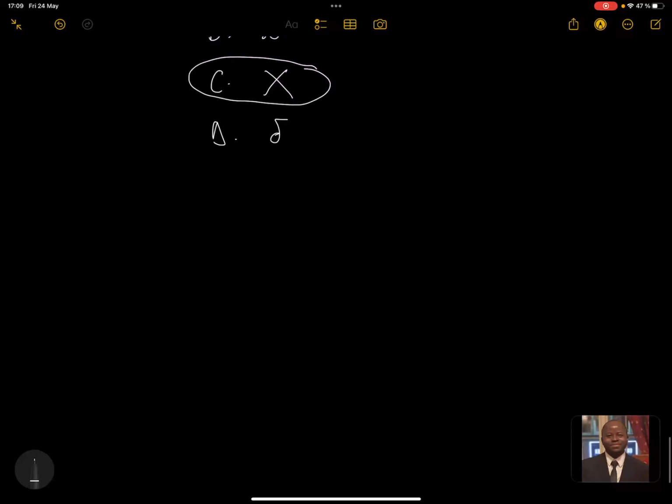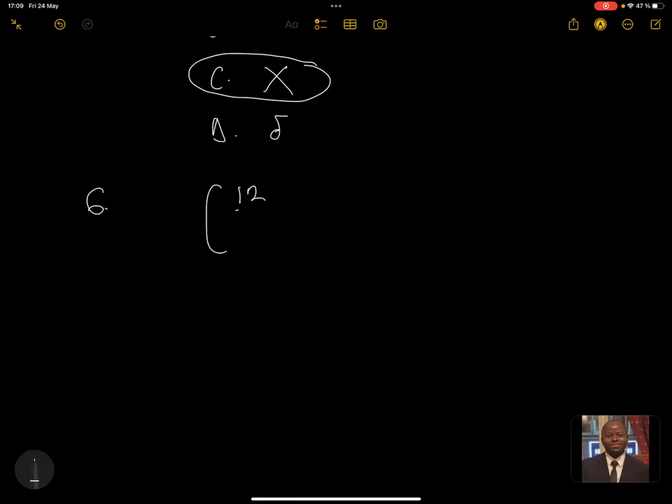Item 6 says, determine the value of this expression. The expression is 12 divided by 4 plus 8, in brackets, multiplied by 4 minus 5.